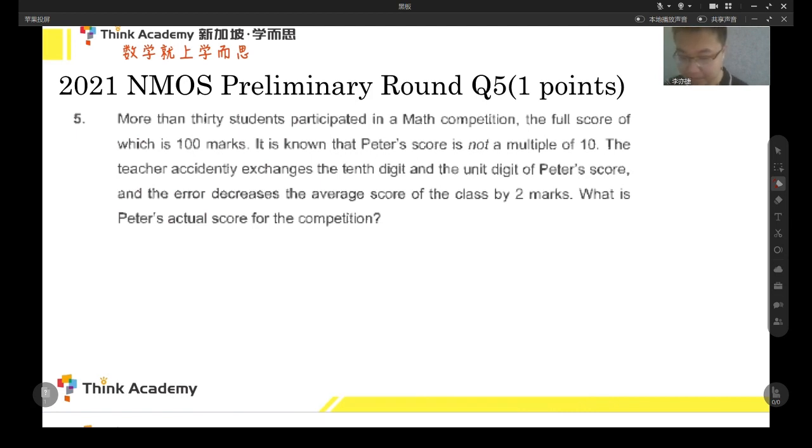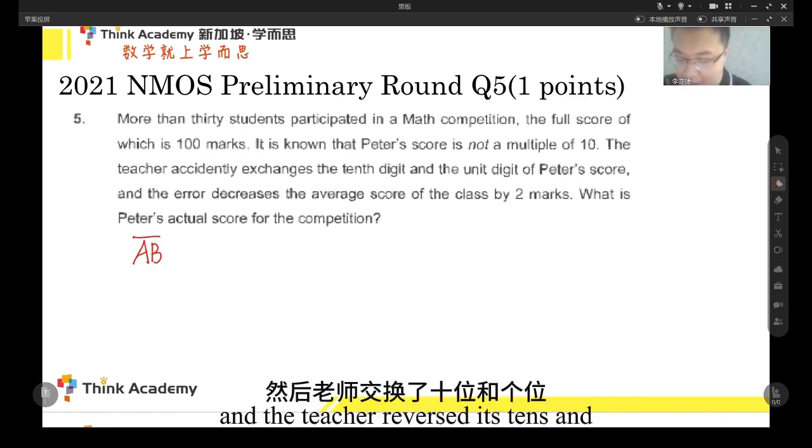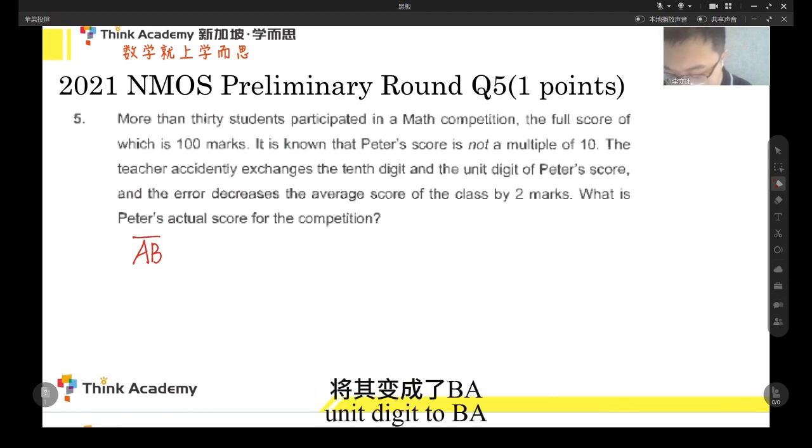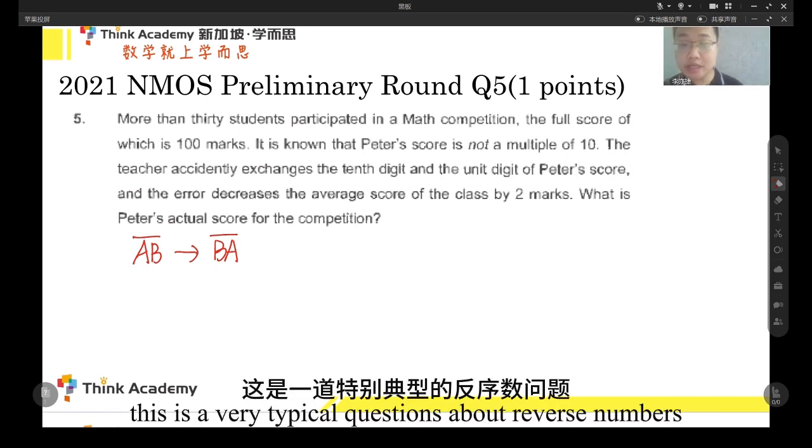Okay. So this question here says that Peter's score was originally AB and the teacher reversed its tens and units digits to BA, making some difference. This is a very typical question about reversed numbers.